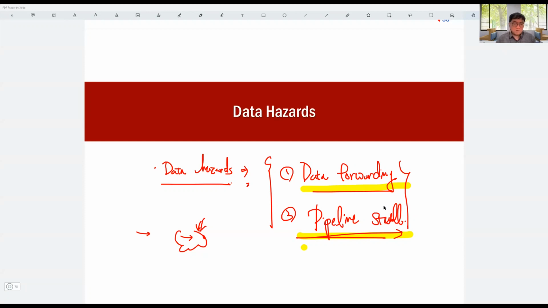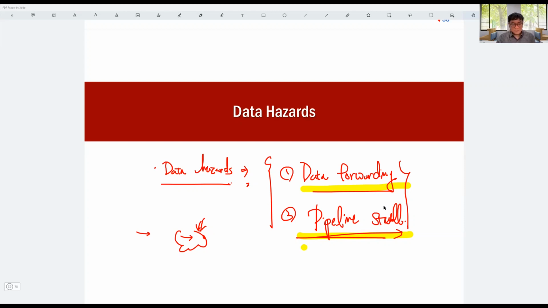The problem is that the required data is not yet written back. But this data exists in the pipeline processor, so we can forward it to the input of the ALU. Why? Because the required operands are used by the ALU.